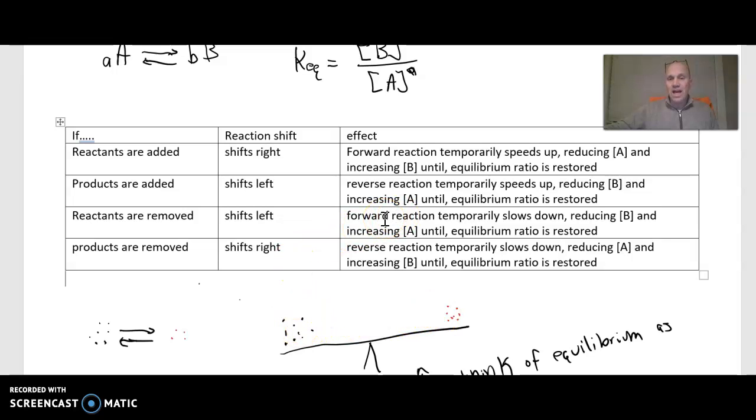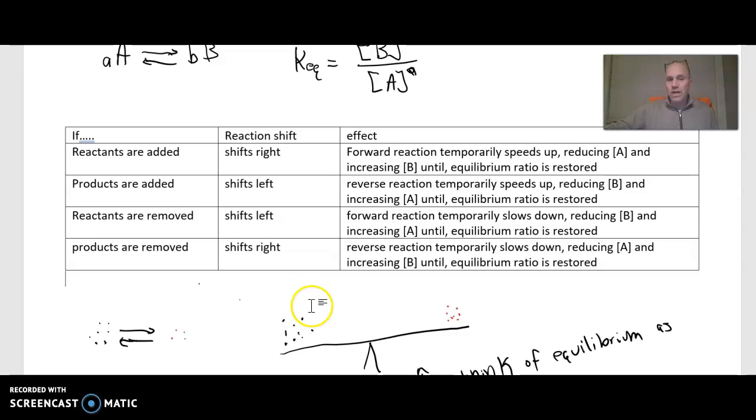So what's going to happen is that this forward reaction is going to actually slow down a little bit. So instead of the reverse reaction speeding up, think of it as the forward reaction slows down. Remember, at equilibrium you still have the forward and reverse reaction going on. So if you slow down one of them, but the reverse reaction keeps going at its normal speed, it's essentially going to turn some of this stuff over here into this over here.